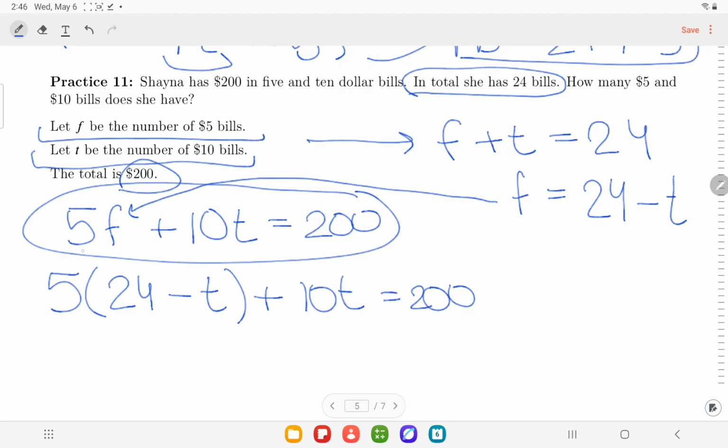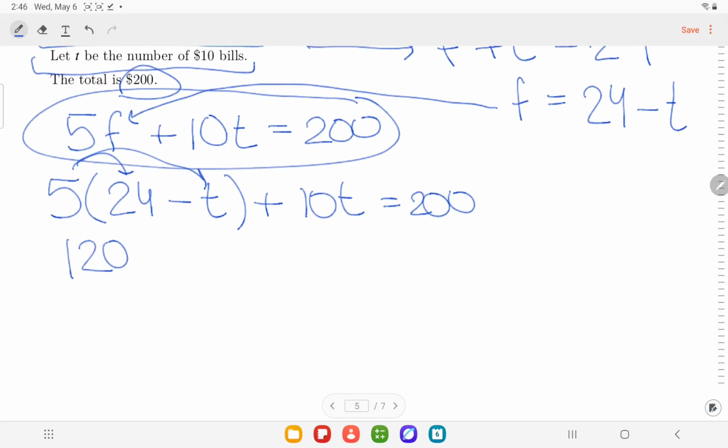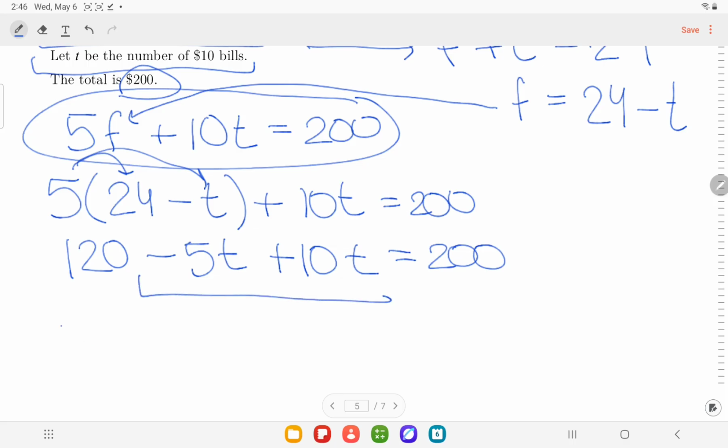And so we're going to use distributive property. So we're going to end up with 5 times 24, which is 120, minus 5t plus 10t is 200. And then these two are like terms, so we end up with 120 plus 5t.